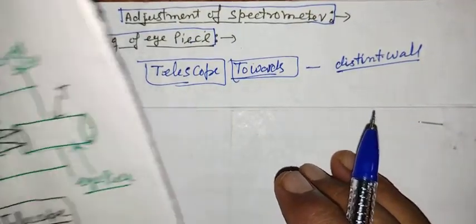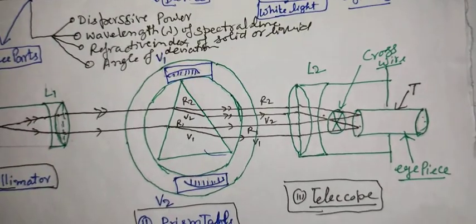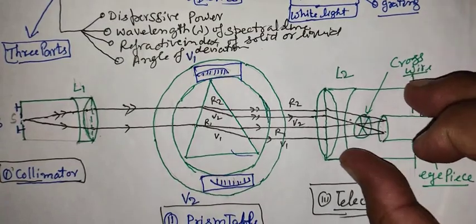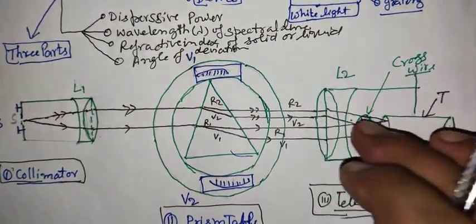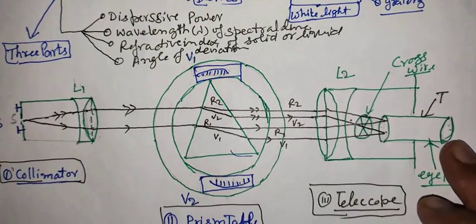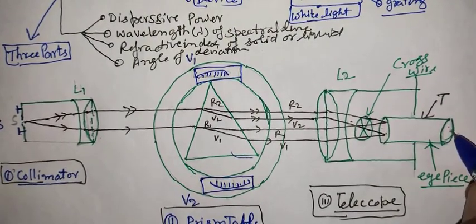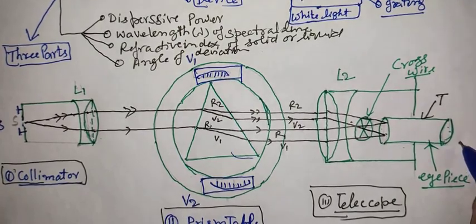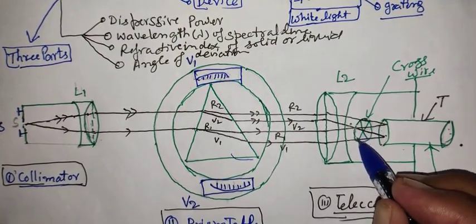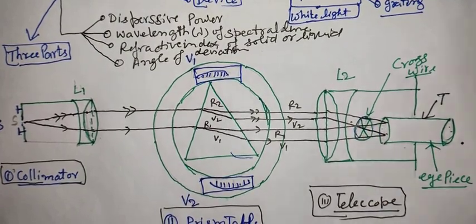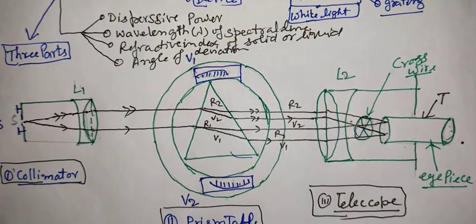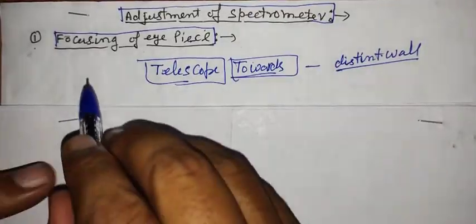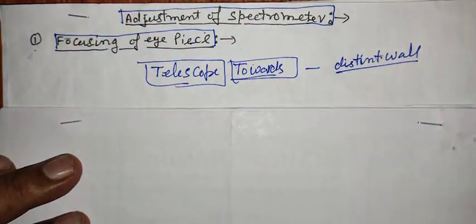Here in the diagram, see, this telescope is rotated in the spectrometer and moved towards the wall, looking through the eyepiece by the experimenter. If a clear image of the cross wire is seen distinctly, then it is said that we are able to focus the eyepiece.